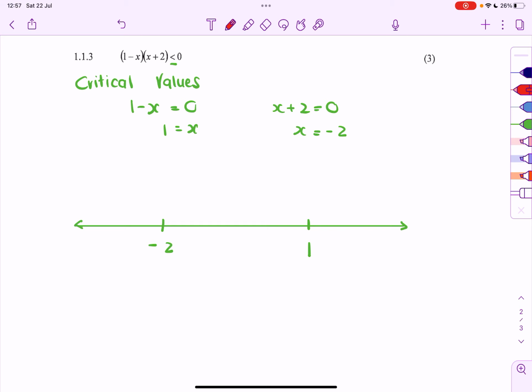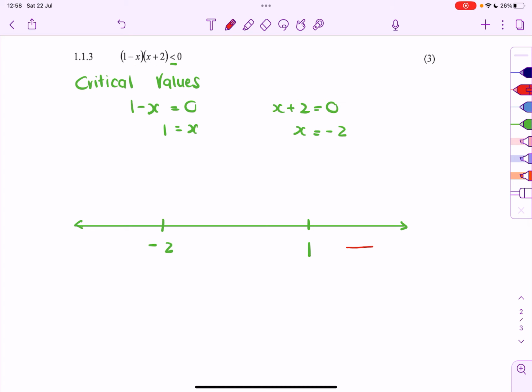So let's substitute 4 into the original equation up here. 1 minus 4 gives us minus 3. That means we're getting a negative value here. 4 plus 2 gives us 6. We get a positive value here. Now, negative times a positive, we end up with a negative value. So in this region, we have negative values.